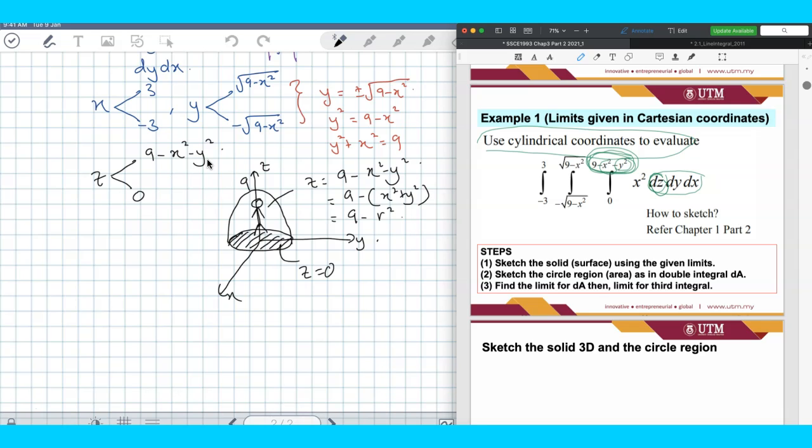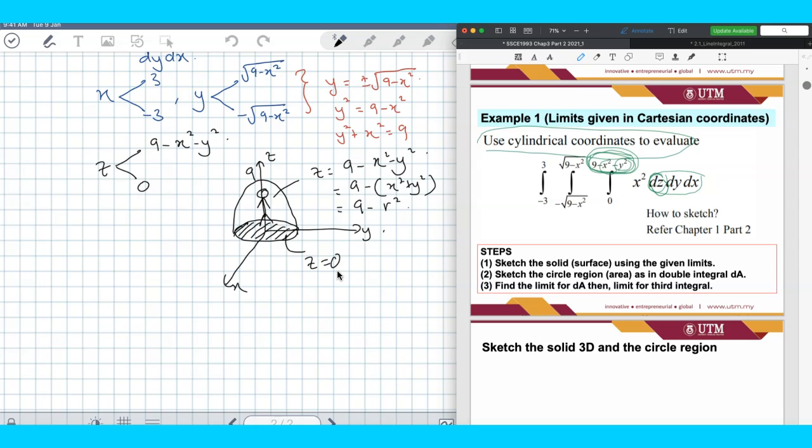So now we already transform the upper bound in terms of cylindrical or polar. But you don't need to change the lower bound because that is a constant. You don't need to convert it into cylindrical or polar. So now we already obtain your upper bound in cylindrical coordinates is 9 minus r squared, and your lower bound is 0.